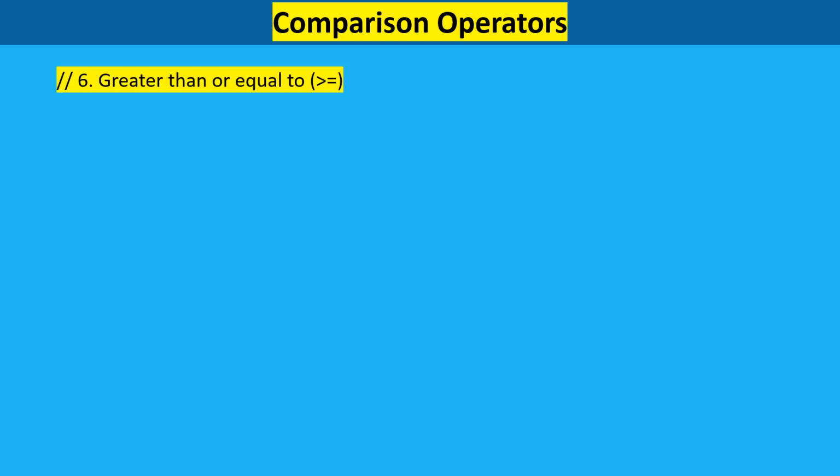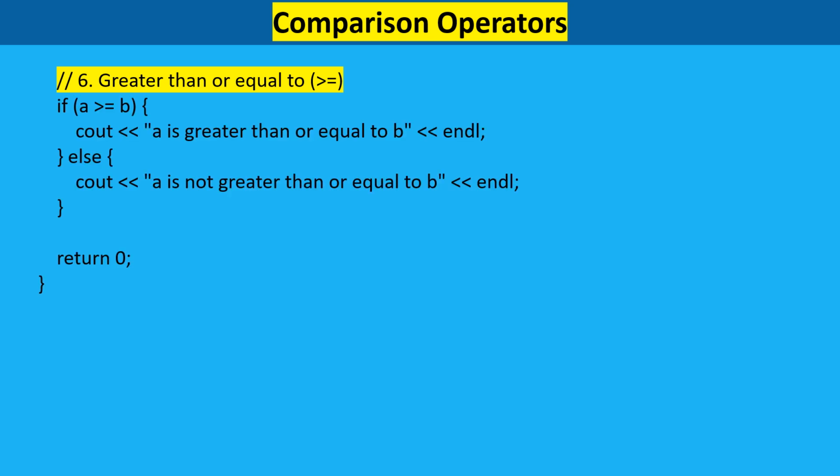And greater than or equal to. Again, if a is greater than or equal to b, check it again with 10 and 5. So cout a is greater than or equal to b will print since the condition is true.